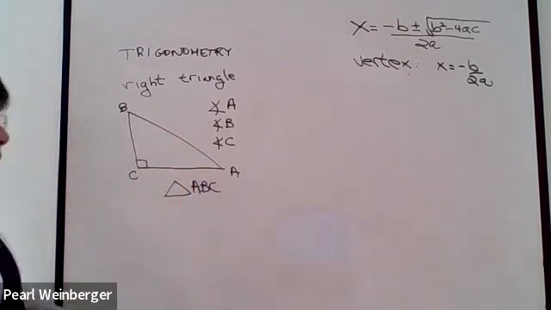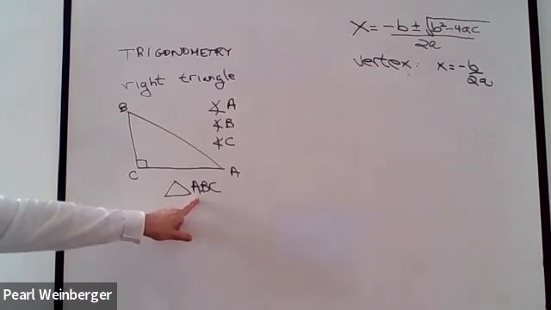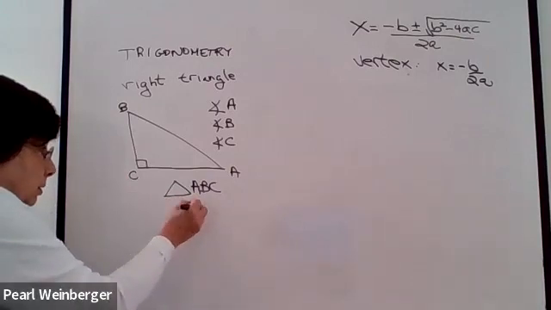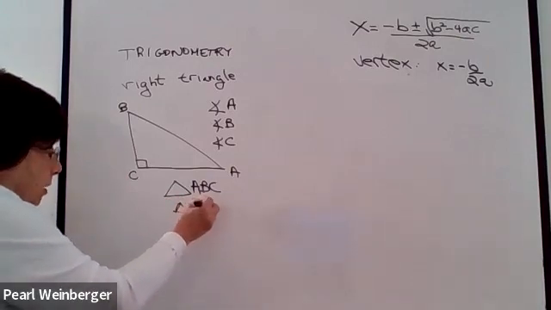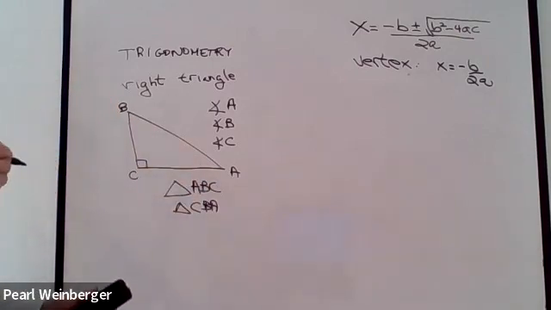In other words, to name a triangle, you use all three letters. I could have also called this triangle CBA or CAB or BAC. It doesn't matter what order you put the letters, as long as you call all three letters.